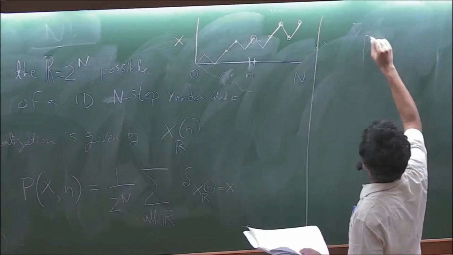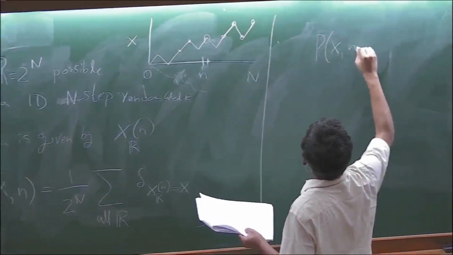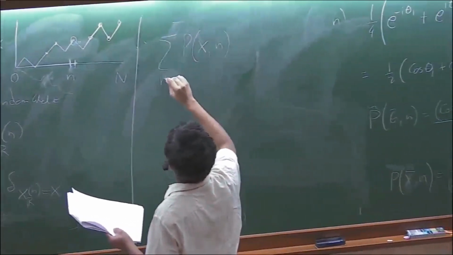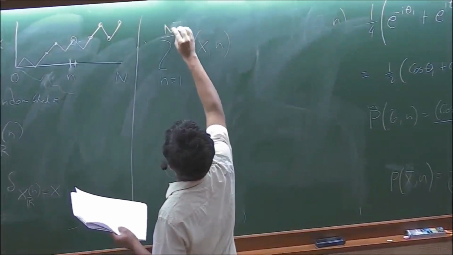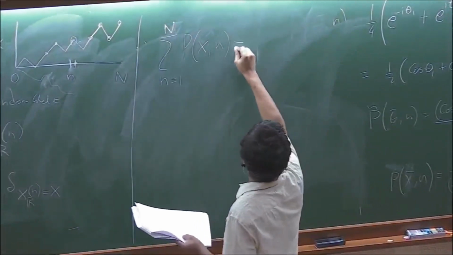Now let's take P of x, n and sum over n.